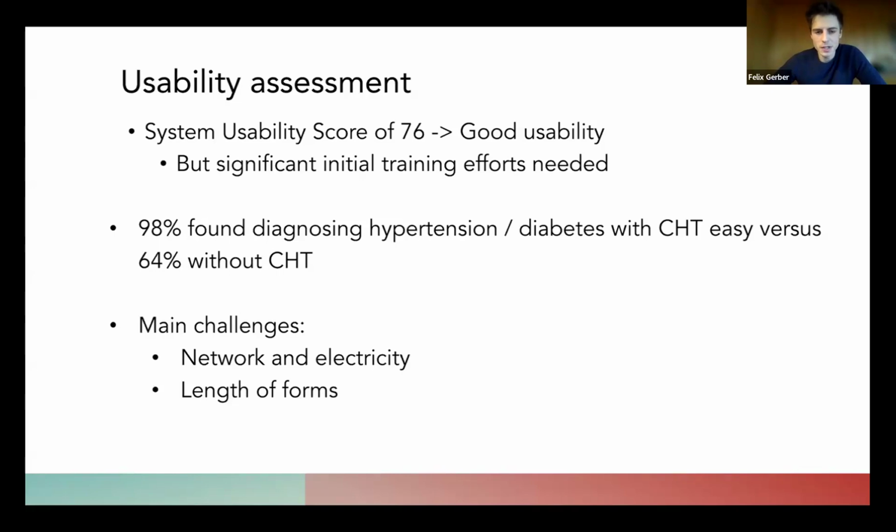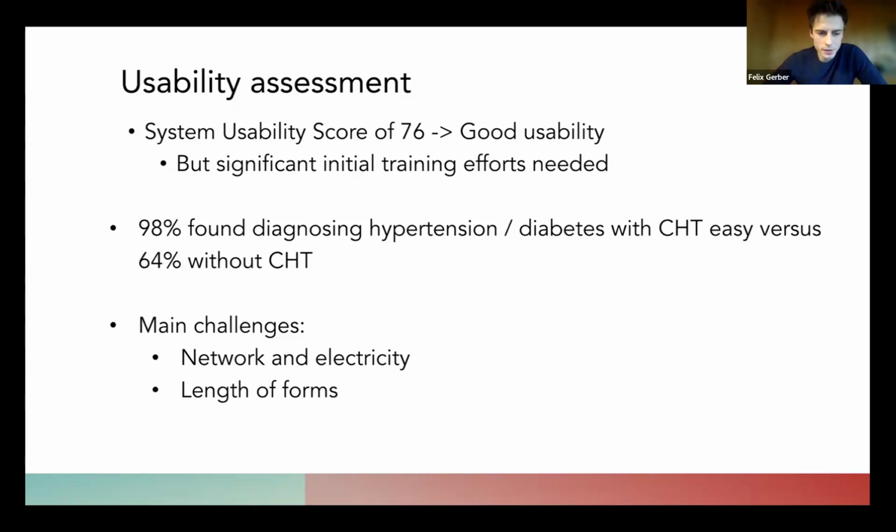About 98%, so basically all of them, said that it was quite easy to diagnose somebody with hypertension or diabetes with the support of CHT, while only 2/3 of them would assume that it would be easy or possible for them to do without CHT. So again, I think hypertension and diabetes care is maybe a bit more complex than other services usually provided by community health workers, but definitely feasible with CHT, maybe a bit less feasible without the digital support.